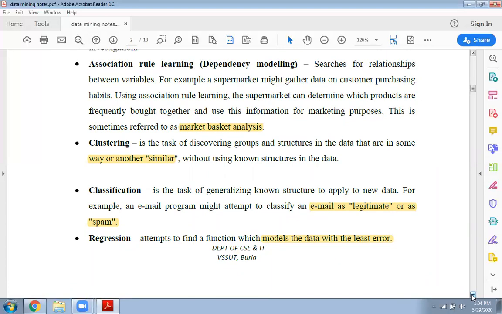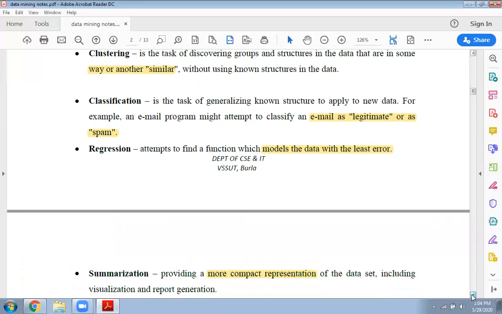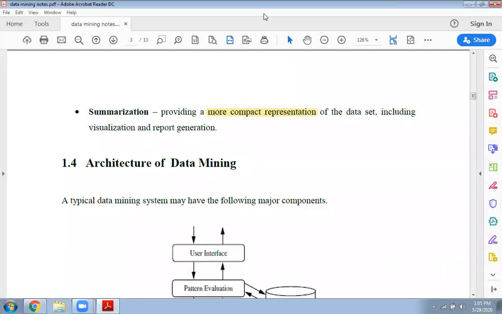Association is different, clustering is different, classification is different. For example, you classify the mail into legitimate or spam, and you then need to build a model to predict trends in behavior with least error, and summarization. A compact representation of data is required during the data mining process. So all these things are important so that you can do proper data mining.